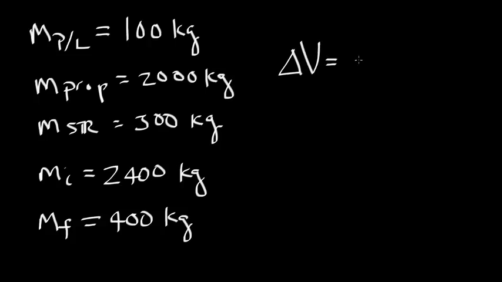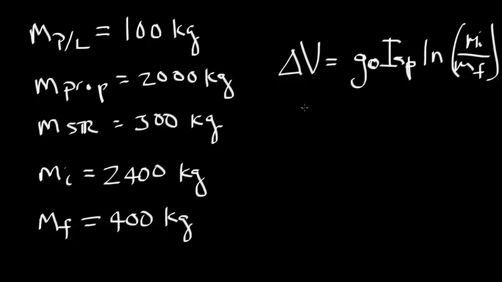And G0, by the way, is always, no matter where you are, going to be 9.81. Oops, forgot my Isp. Times natural log of MI over MF.